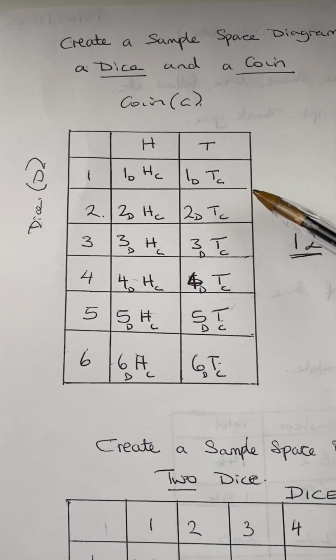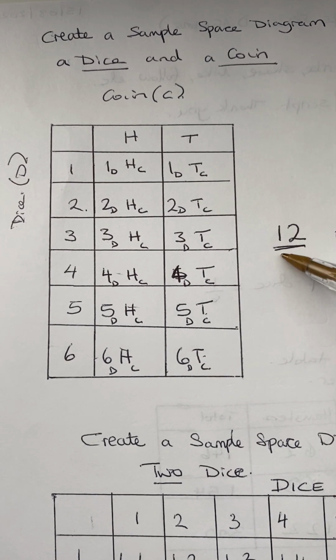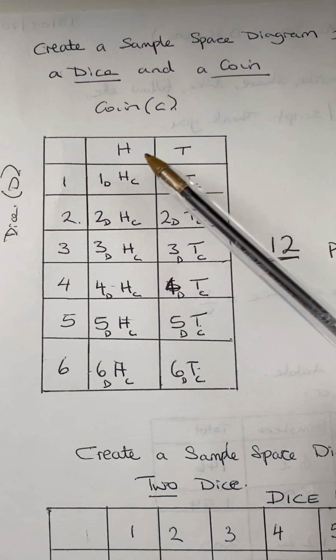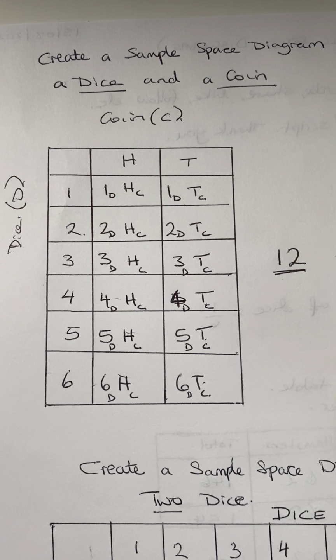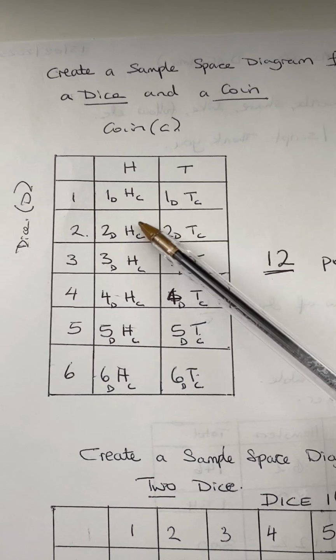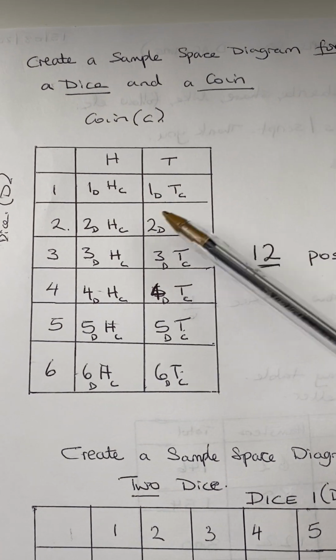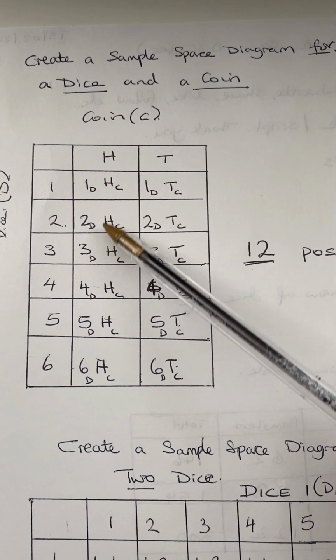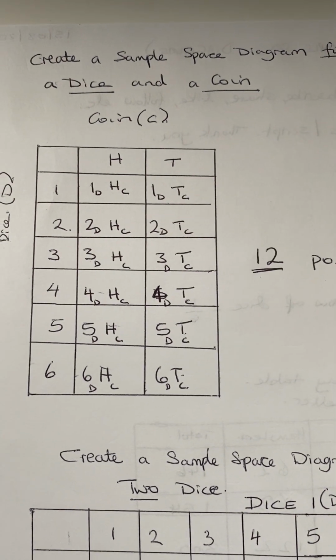Now if you've done this over and over again, you can also solve it. But if they make the question complicated, then you will be lost. So it's better you use the sample space diagram, draw it on the side and use it, because immediately you are able to do this, you can answer any question.